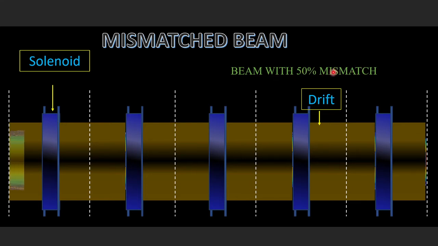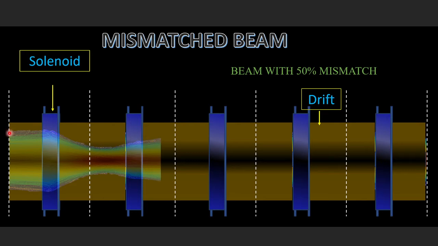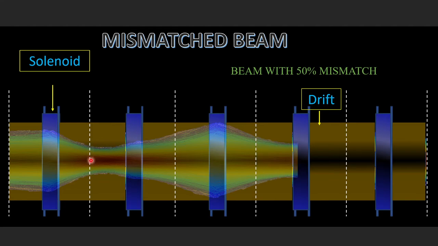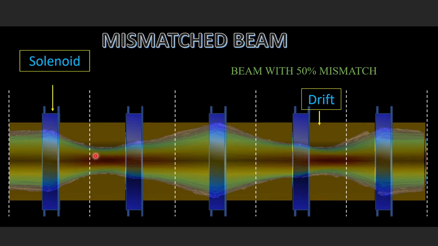If you look at my beam envelope, you will find that the twiss parameters here and here are very different. At first glance, you can look at the beam radius, and you can see they are very different, and that leads to a difference in beta values. Similarly, if you plot x prime, you'll observe the same.